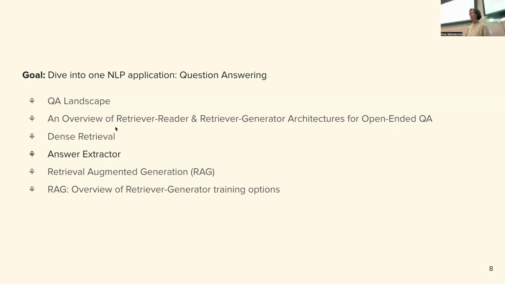Okay, so now we learned how to retrieve documents. We now need to, based on the retrieved documents, answer the question, right? But the answer should be somewhere in those documents.